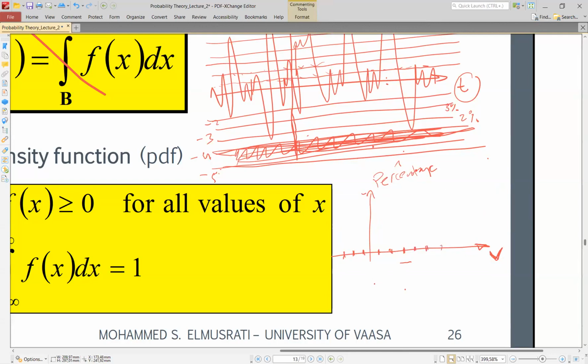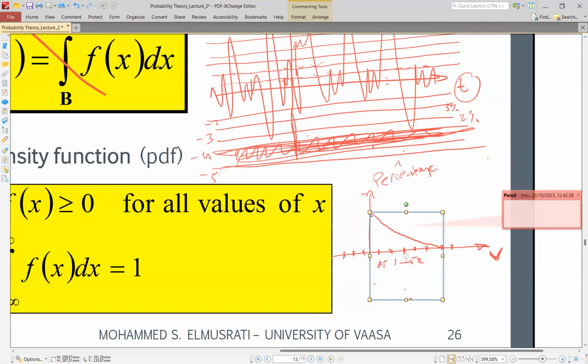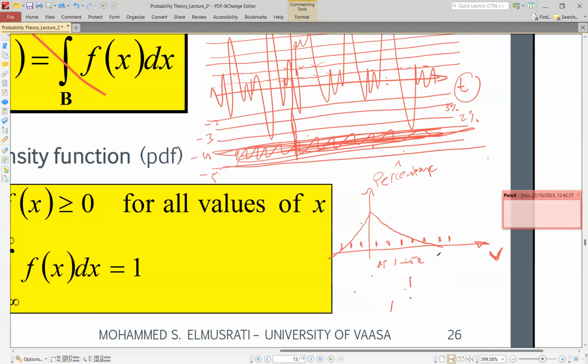As we divided them this way, maybe from 0 volt to, let's say, 0.5, 1, 1.5, 2, and so on. From 0 to 0.5, let's say 5% of the signal. Here is 20%, here is 40%, and so on.